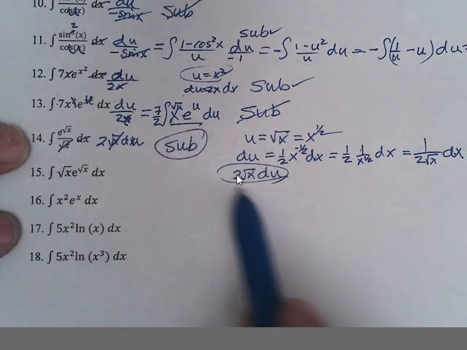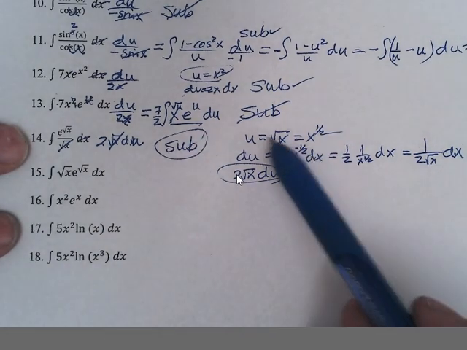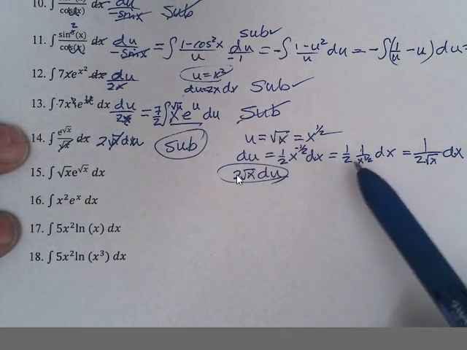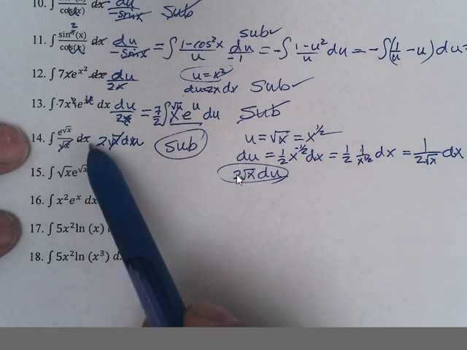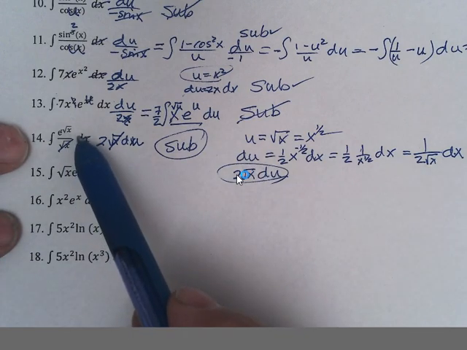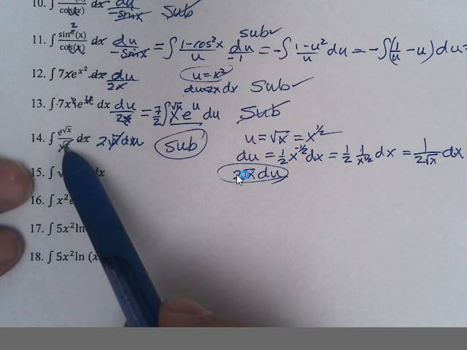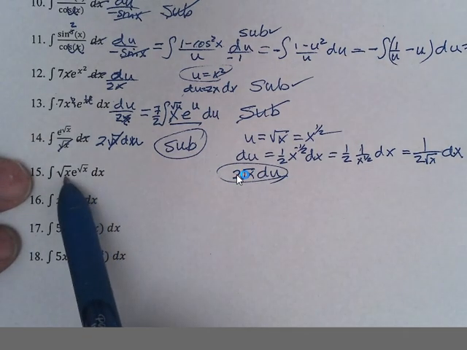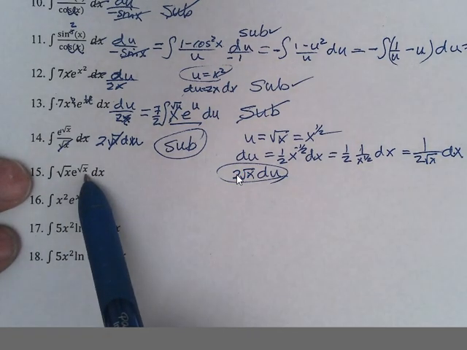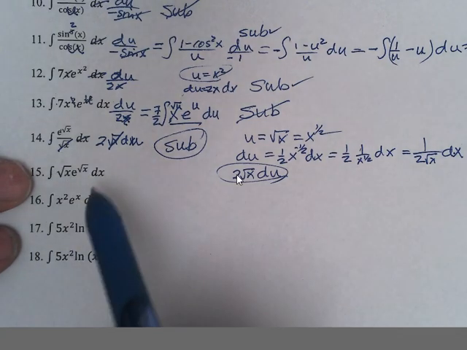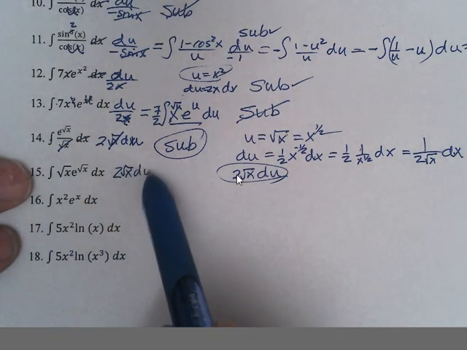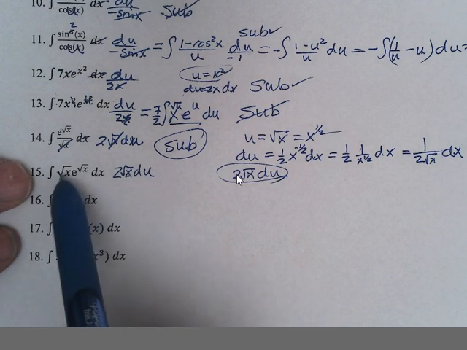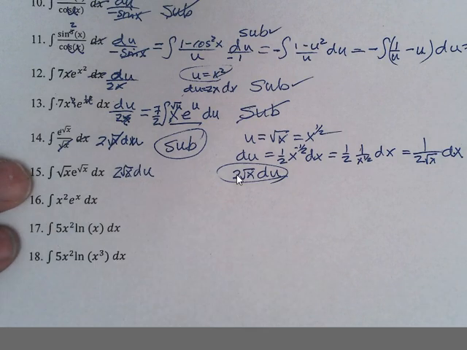And what you should notice is that if you let u be square root, you end up with a square root in the denominator, which ends up in the numerator. So if you let u be a square root, it'll cancel square roots in the denominator. If you let u be the square root on this one, you get a 2 square root of x du, and the square root of x doesn't cancel, does it?